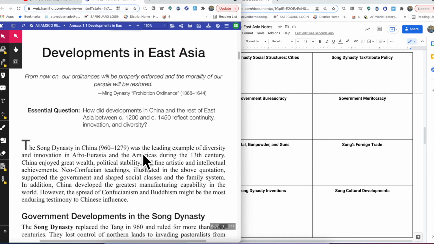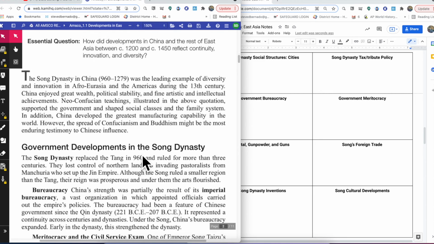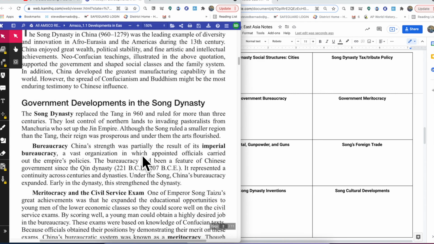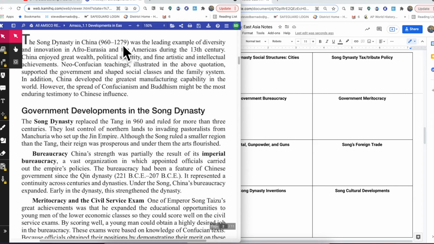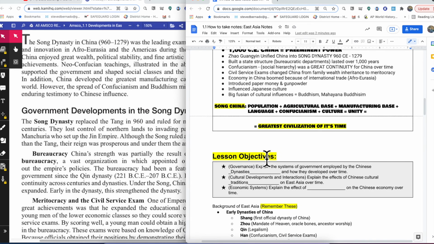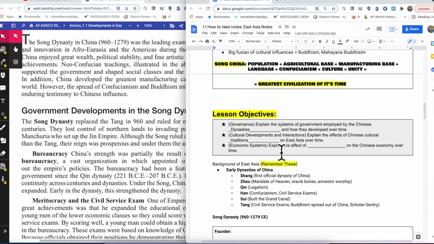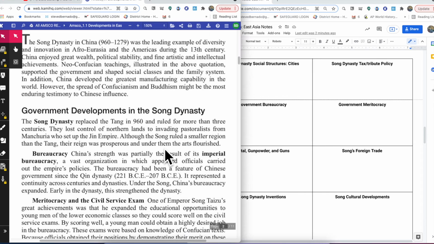So we first look at this introduction, this first paragraph right here. And if there's something inside that paragraph that you don't have in the big ideas, you can add it to the big ideas. Once we come back over here, government developments in the Song dynasty.